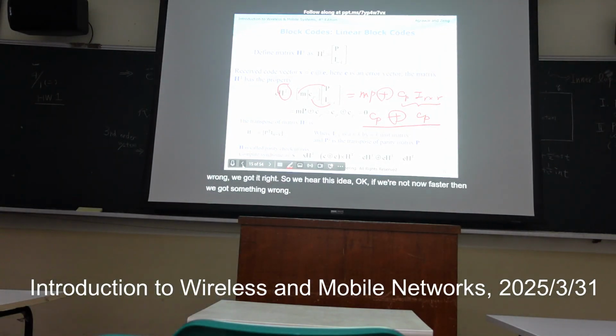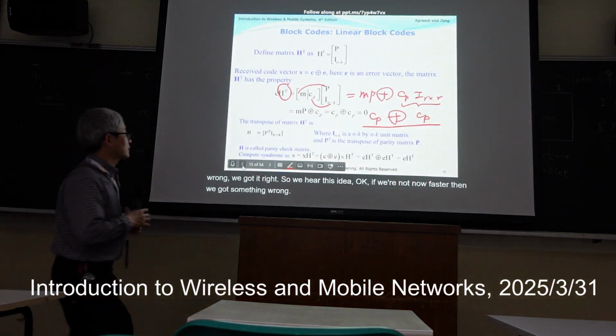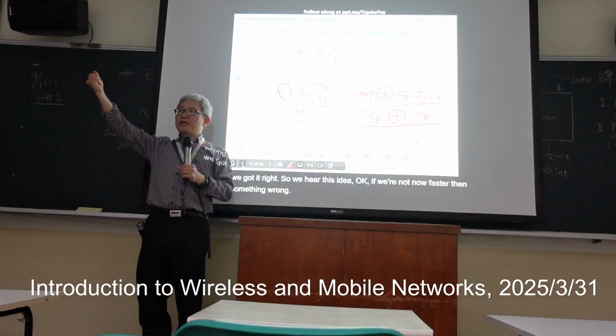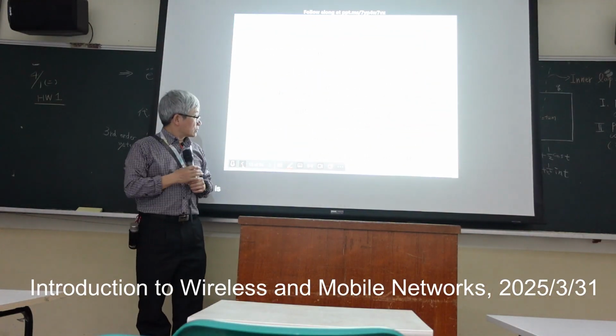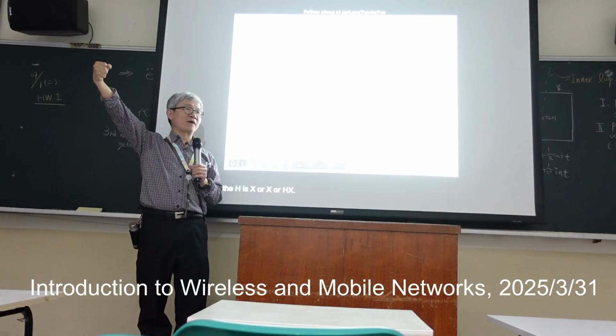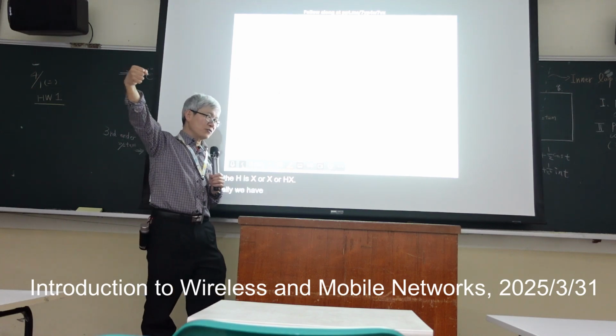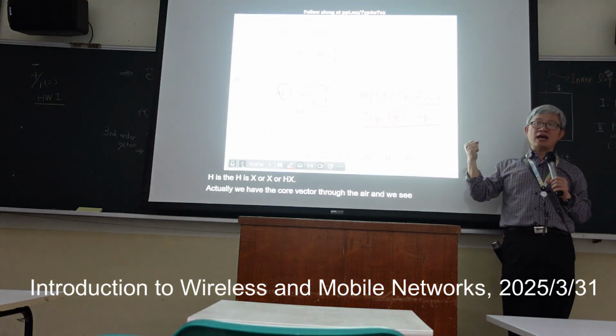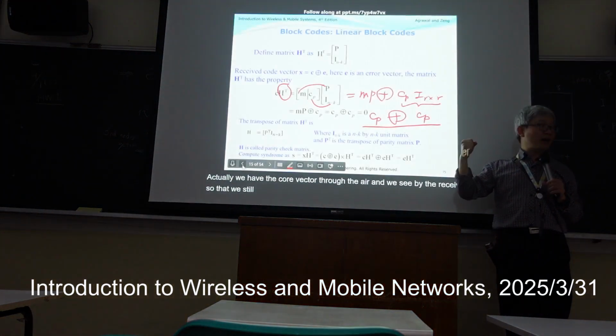Sorry, what does the X in XH^T stand for? X is the received vector. Actually, the codeword goes through the air and is received by the receiver, so we still have the actual error possibility.